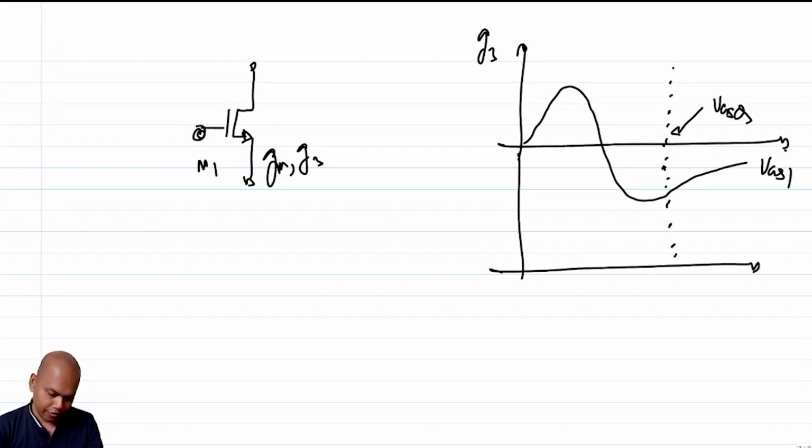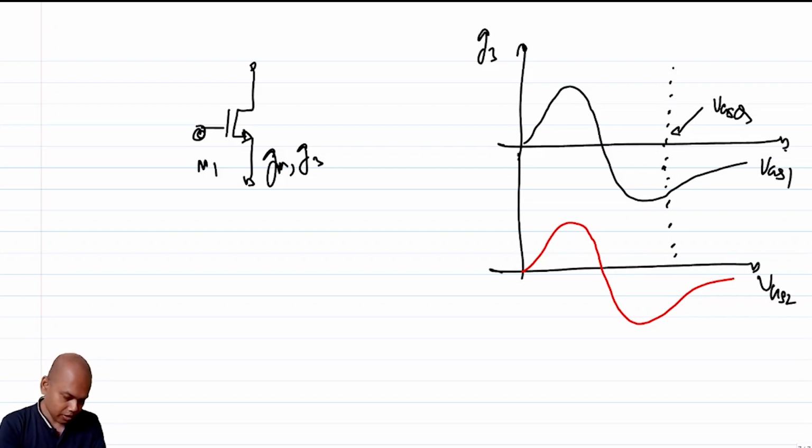Let's say I have another transistor which has similar characteristics, but this one is biased at VGS2, somewhere here. This is VGSQ1, this is VGSQ2.